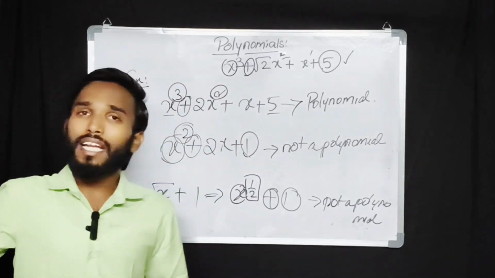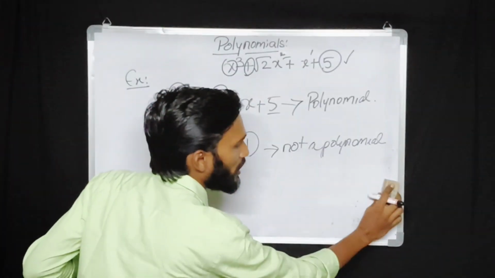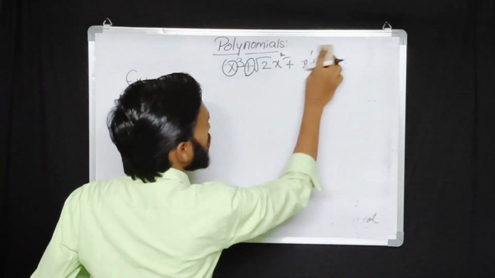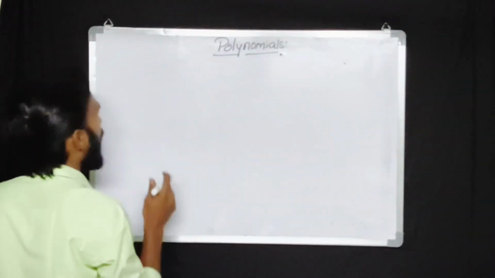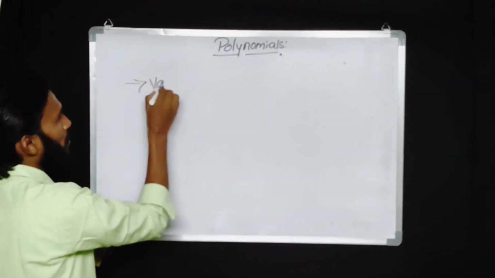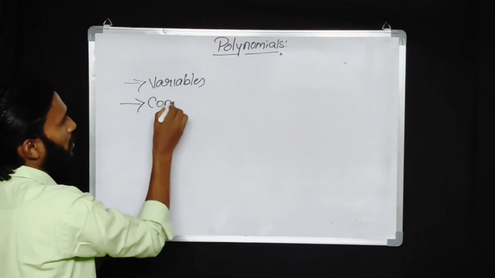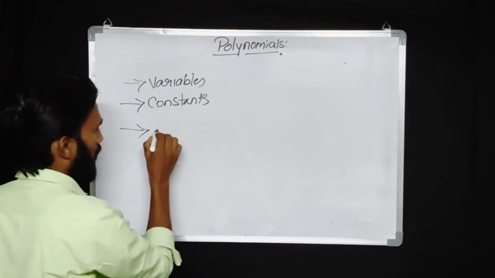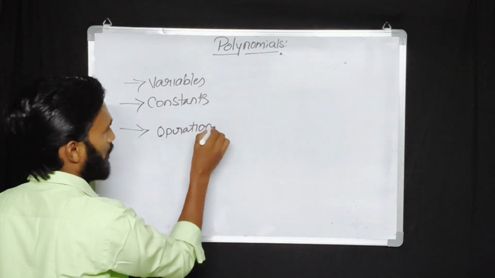So what are the criteria to identify whether the given expression is a polynomial or not? First we check whether variables are there or not, and next constants, and next operations, in the sense of mathematical operations.